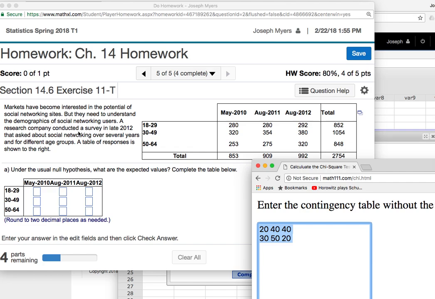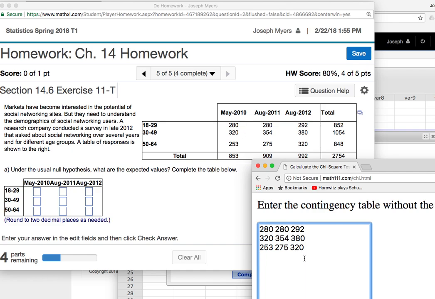So there's one survey that collected data across 2 different variables, different time periods and different age groups. And so I'll enter the numbers in: 280, 280, 292, 320, 354, 380, 253, 275, 320.